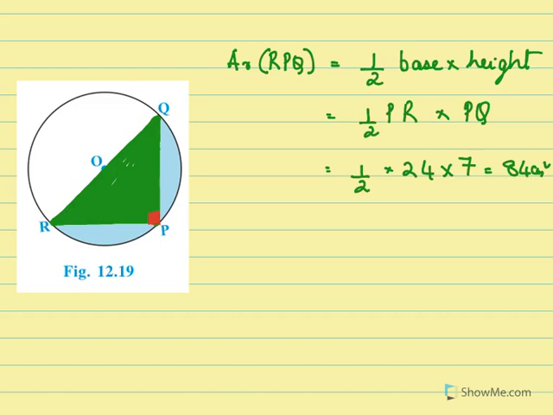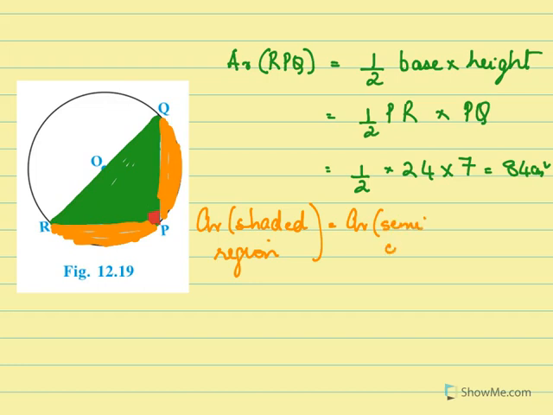Now to find the area of the shaded region, this region, we have to do area of the semicircle minus area of the triangle. So next step is to find area of shaded region, which is equal to area of semicircle minus area of triangle. That will be 6875 over 28.